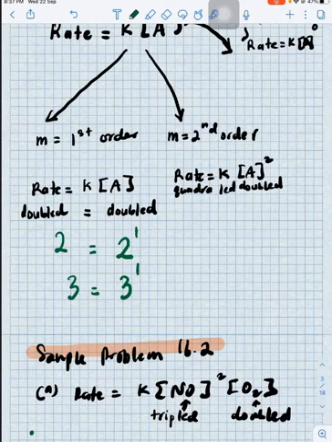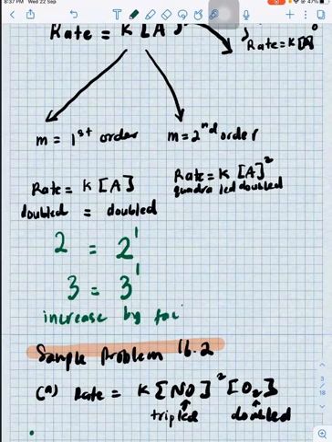Okay, sama value. If we double the concentration, rates also double. Triple, quadruple, 4 kali ganda. Then our rates of reaction also will be quadruple. Increase by factor of 4. Increase by factor of 3. Itu cara lain kita sebut. Okay. Increase by factor of 3. Ataupun kita boleh kata the rates of reaction increase 3 times.